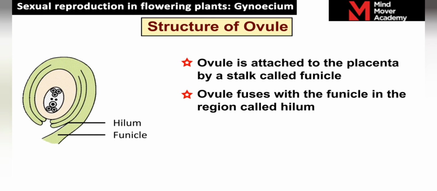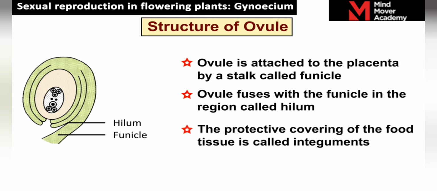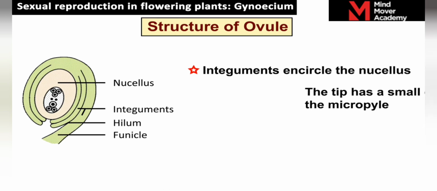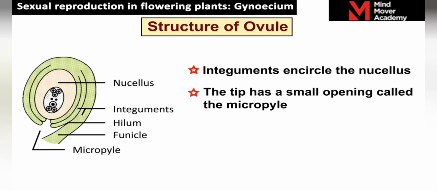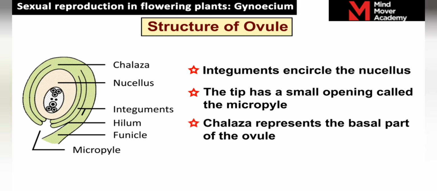A mature ovule consists of a food tissue covered by one or two future seed coats or protective coverings known as integuments. Integuments encircle the nucellus except at the tip where a small opening called the micropyle is organized. Opposite to the micropylar end is the chalaza, representing the basal part of the ovule.